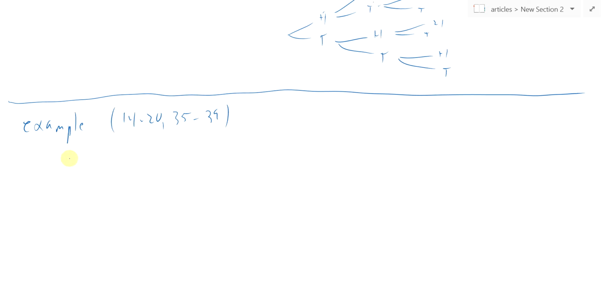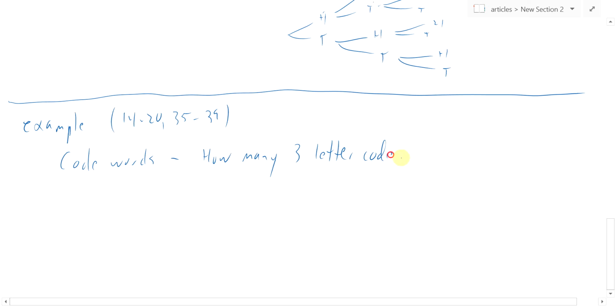Dealing with, well, one of the examples they use are code words. So you and your friends have set up a secret code, right? And you say, well, we'll only use the first 6 letters, and we will create words of 3 letters each. So how many 3-letter code words can be made from the first 6 letters?